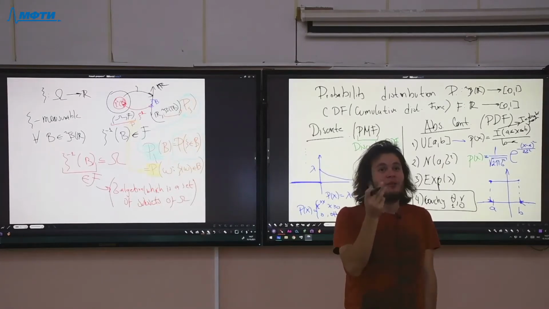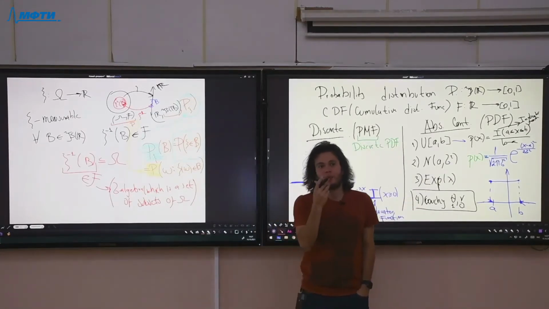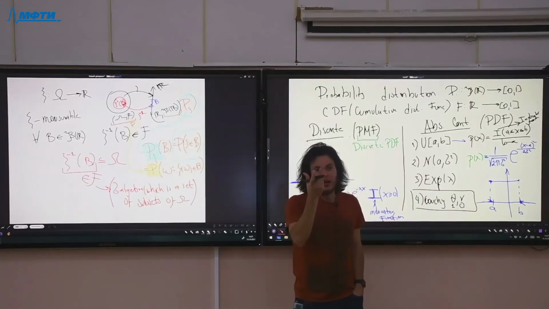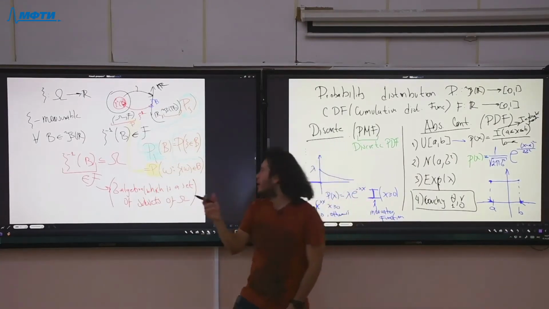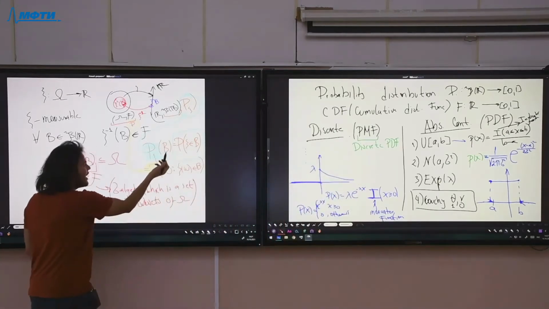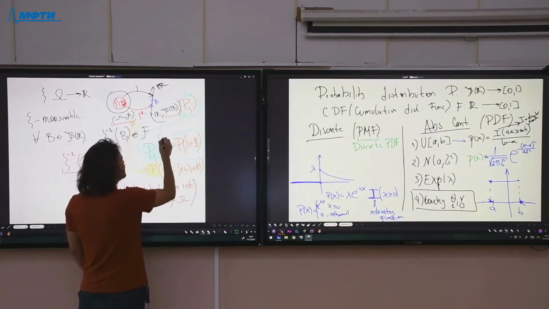We are talking about the probability that this random variable is in the set between A and B. So what is the value of the probability distribution on A and B, right? Maybe I'm making everything more confusing.